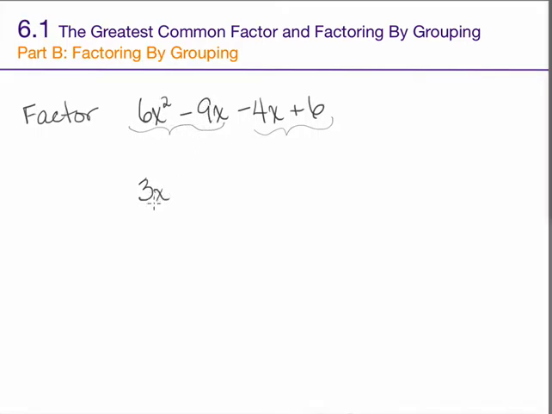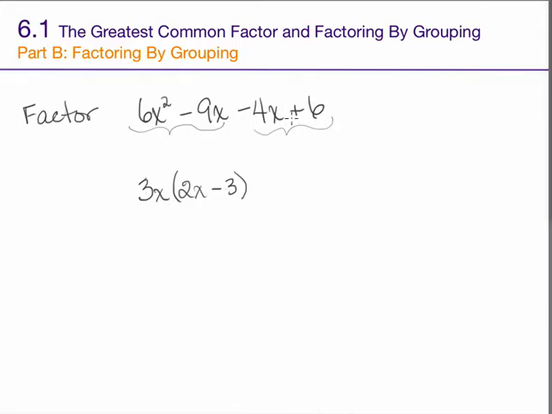One copy of x. I can only undistribute one copy of x. What's left over? 3x times 2x would give me 6x squared, and 3x times negative 3 would give me negative 9x. A positive times a negative is a negative.